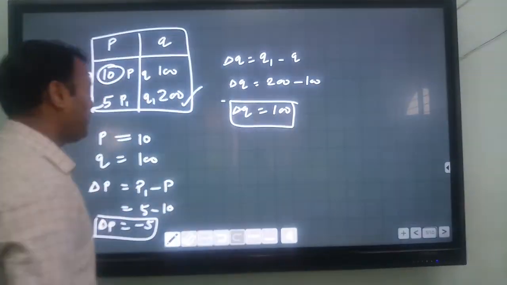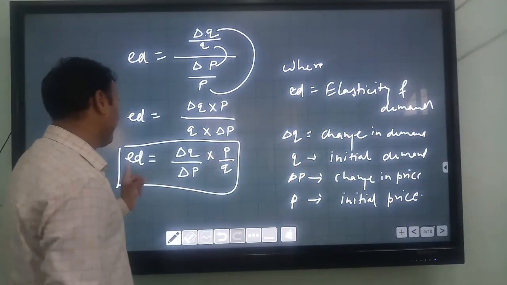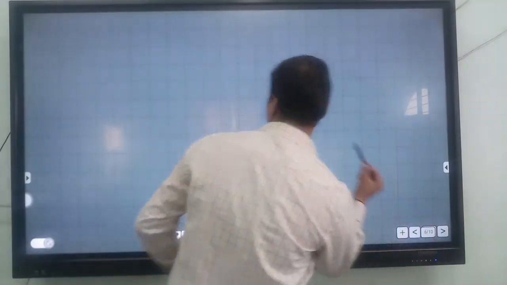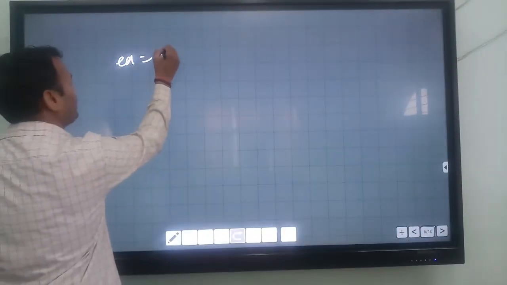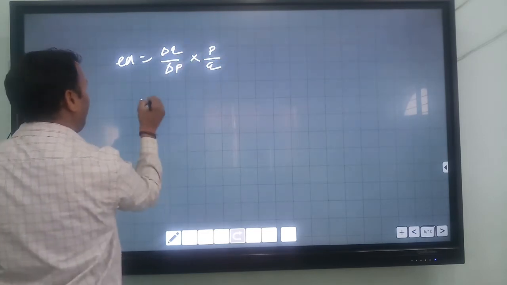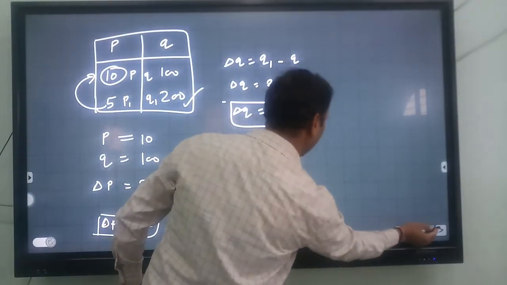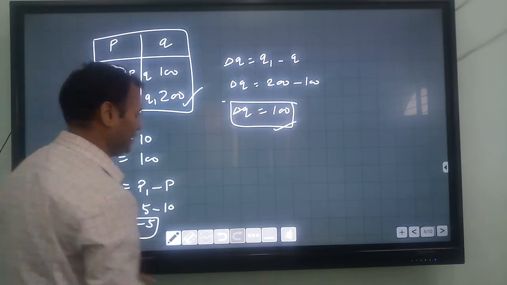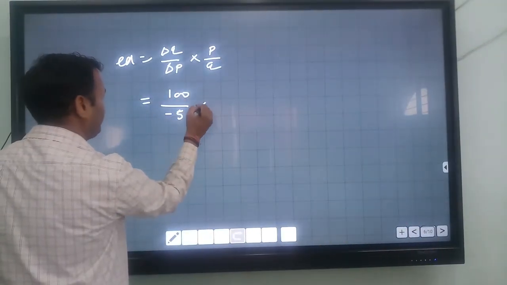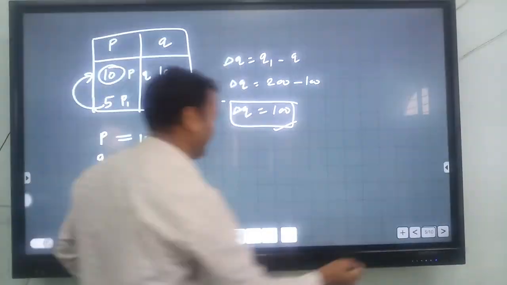Now we use the formula E_d is equal to delta Q upon delta P into P upon Q. Delta Q is 100 and delta P is minus 5, so 100 upon minus 5 into P upon Q, where P is 10 and Q is 100.